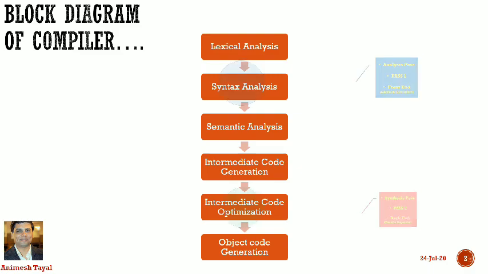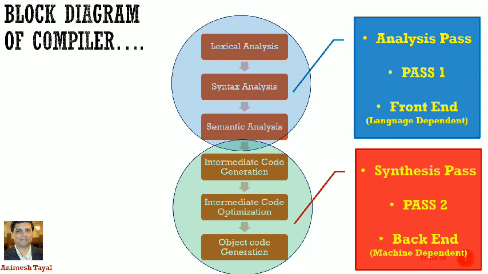First three phases and last three phases. It is a debatable issue. Someone shows the first five phases in pass 1, only last phase in pass 2, and someone divided into three phases. First three phases is pass 1 and last three phases is pass 2.